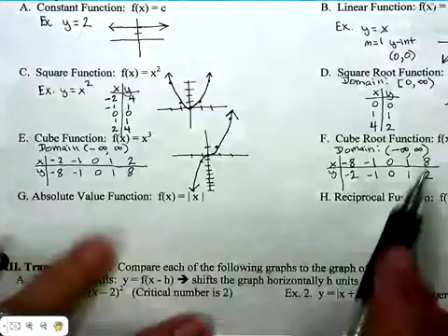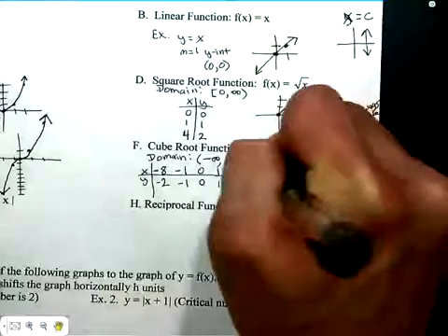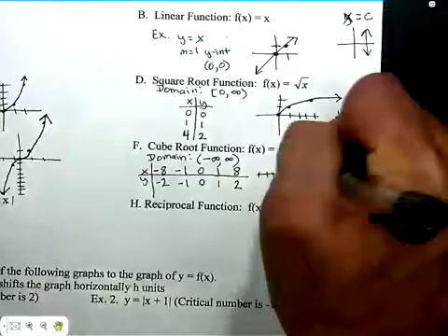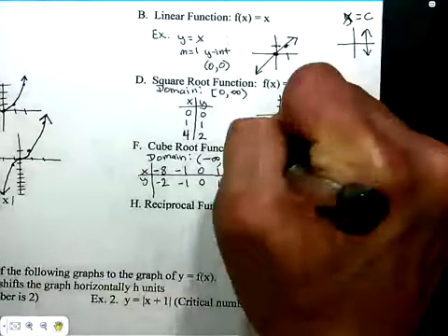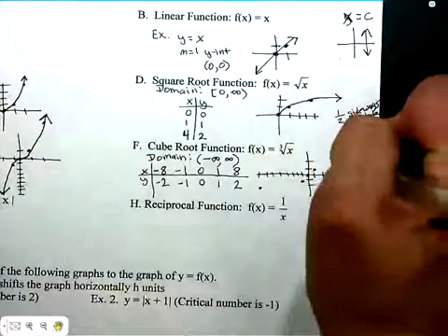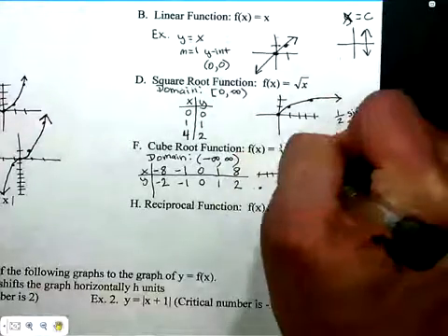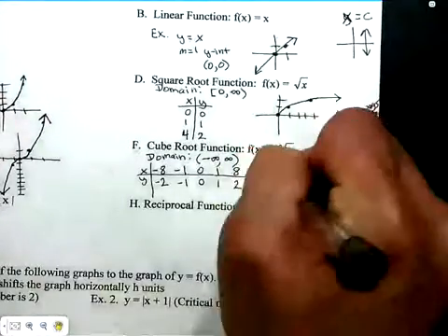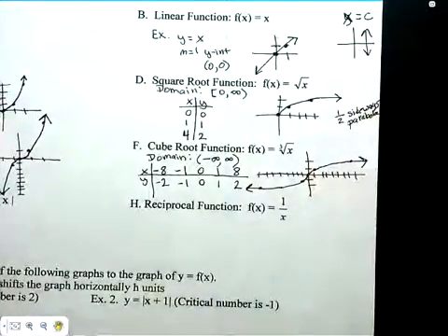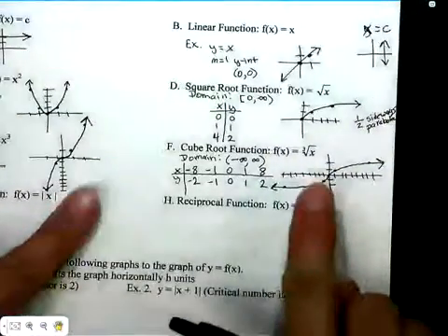When you graph that cube function, I may have said cube function, I meant cube root function. When you graph that cube root function, it looks just like the cube function, except for what? Turned sideways.